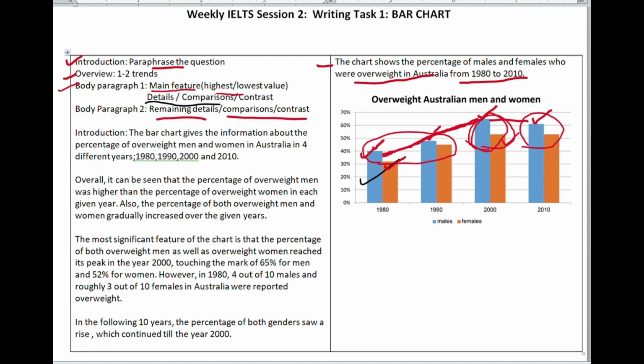As we can see here, from 1980 to 1990, the value for both males as well as females is increasing. So we can write the percentage of both genders saw a rise, which continued till the year 2000. This is also increasing in 2000, so it continued till the year 2000.